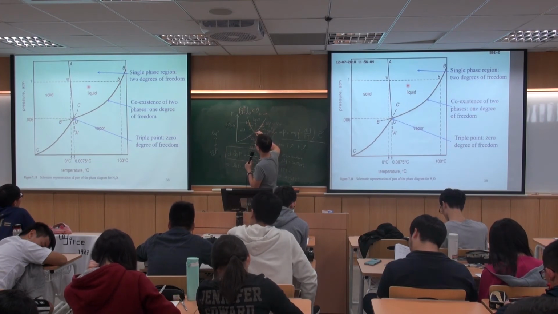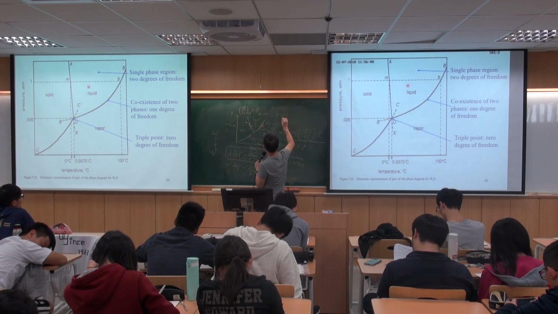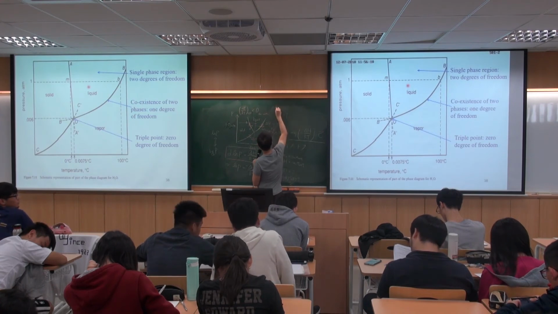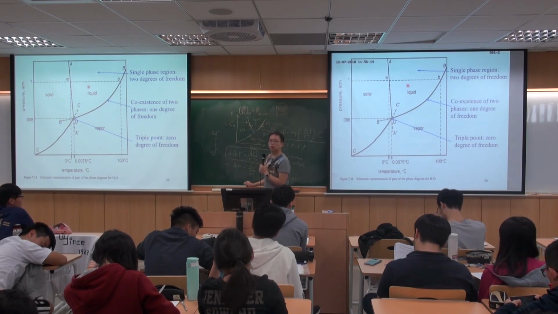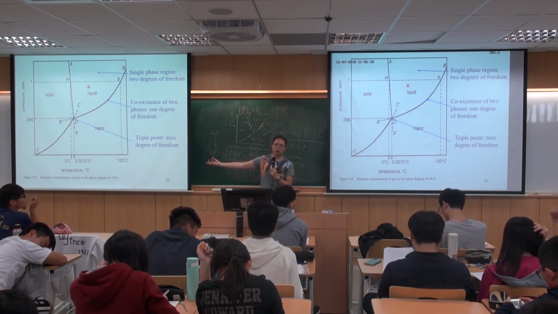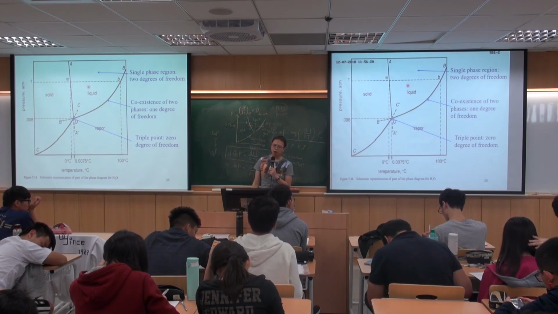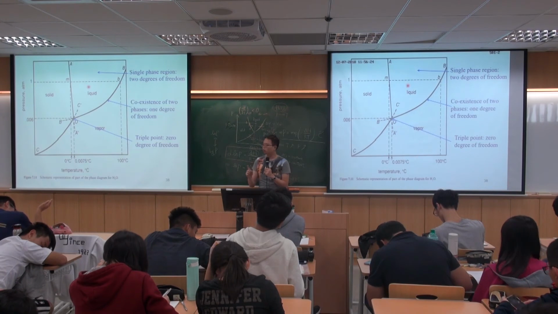You can move around, but P and T depend on each other. Therefore, that's the reason why we want to find pressure as a function of temperature. And for the triple point, of course, there's no degree of freedom at all because there's just 1 point, right? So you cannot move around. It's just 1 point.